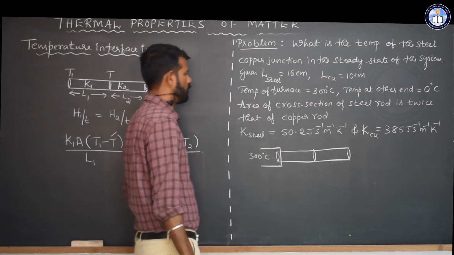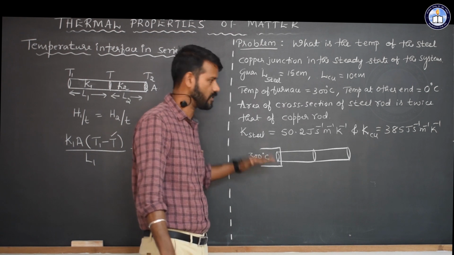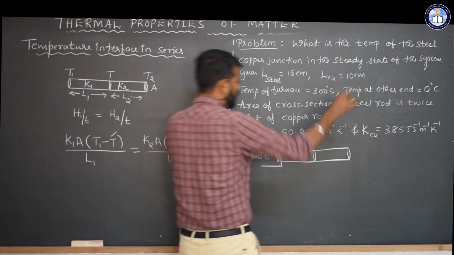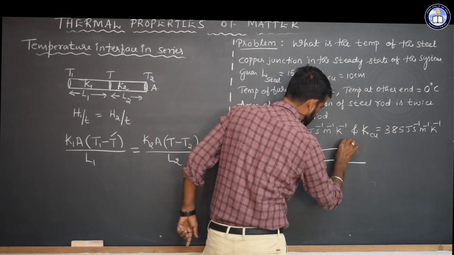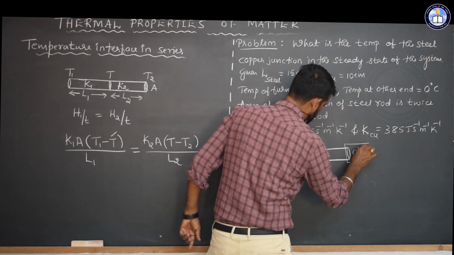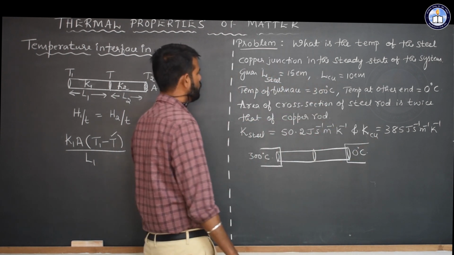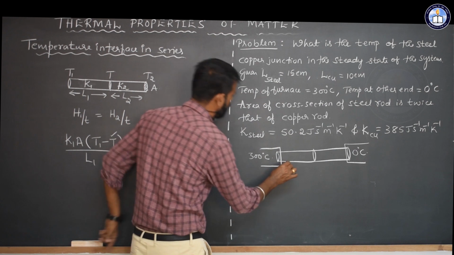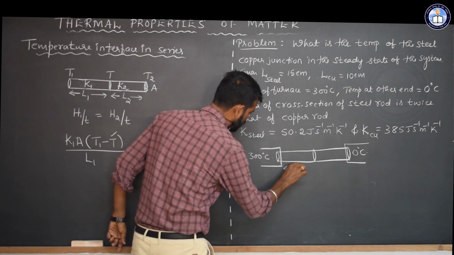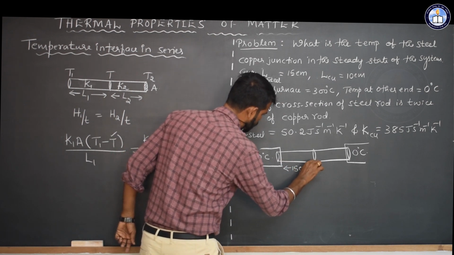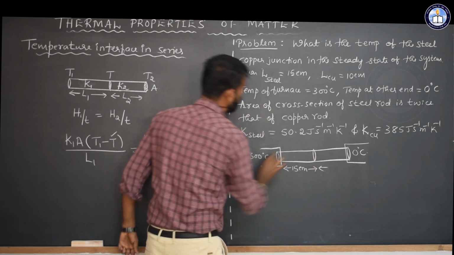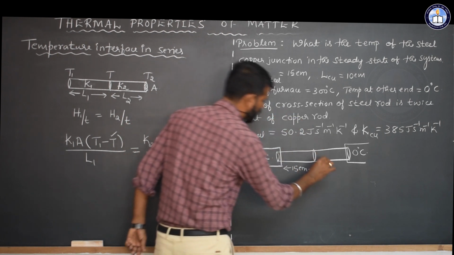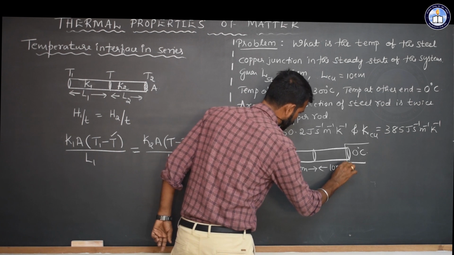This is the temperature of the furnace. The other end is kept at 0 degrees Celsius. The length of this steel rod is 15 centimeter, whereas the copper rod is 10 centimeter.